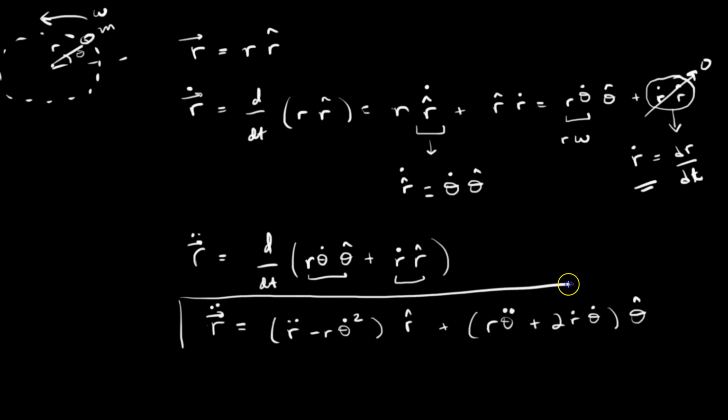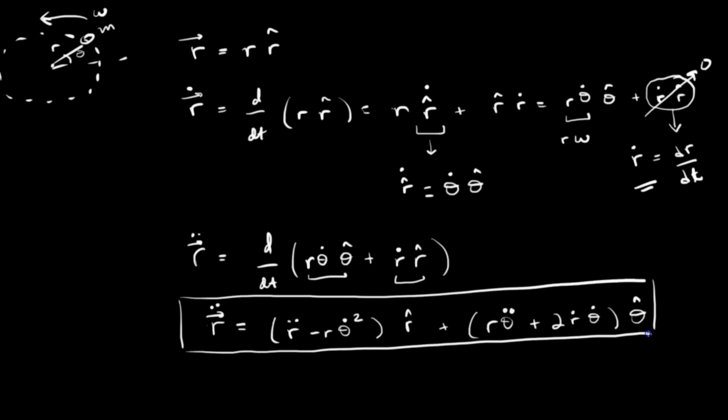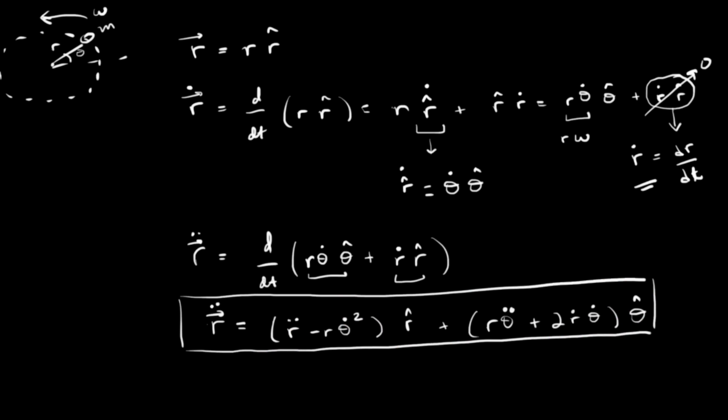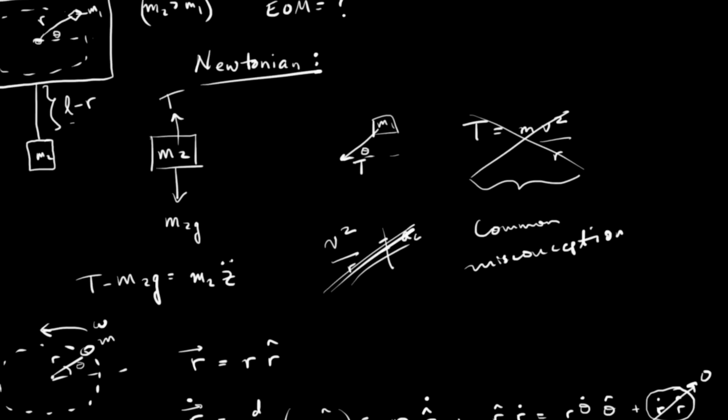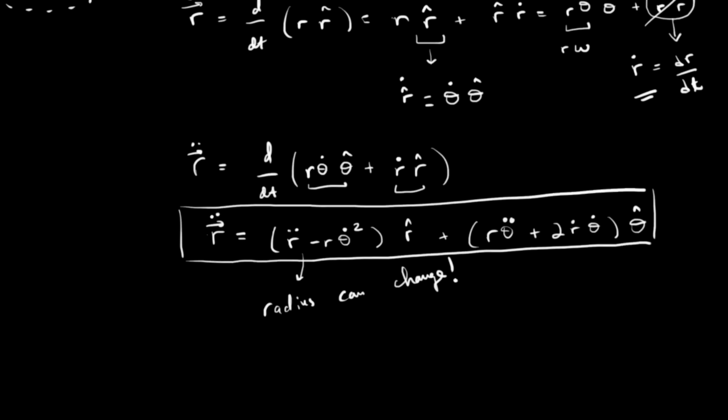Okay, so this is the acceleration of a system moving in polar coordinates. Very important. Now notice, this is the full acceleration, taking into account that the radius can change. It's possible. And an example that we have, right? The radius is changing. It's getting smaller.